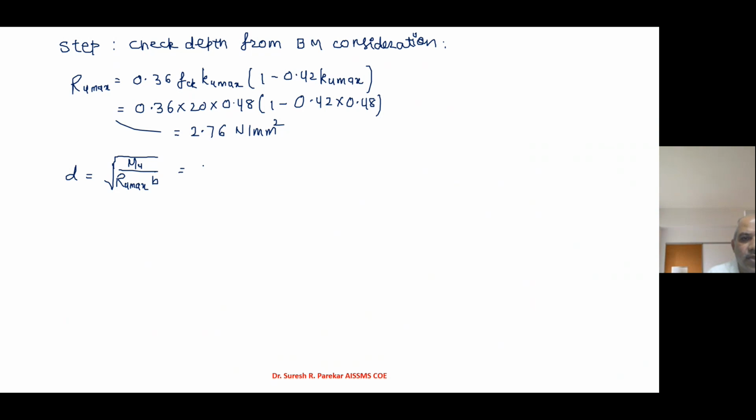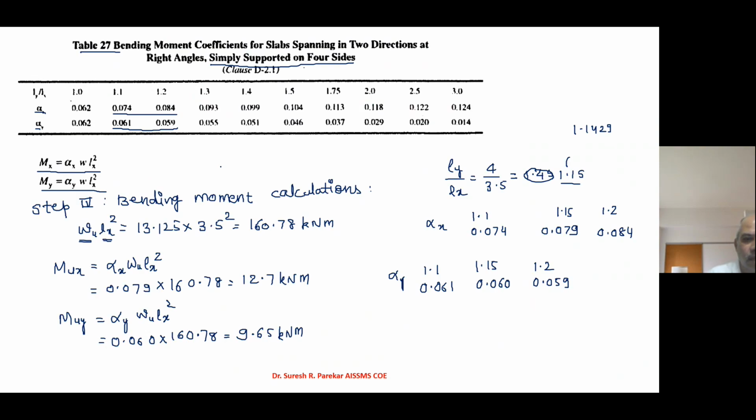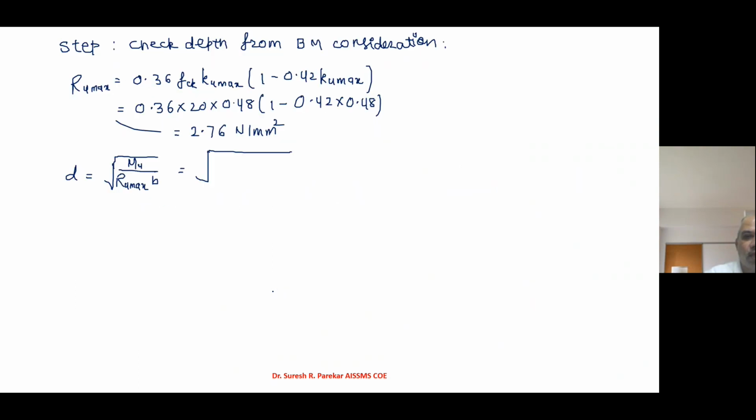If we substitute these values, Mu we have calculated. We have to consider the maximum moment. We have one value as 12.7, another 9.65, so we consider 12.7. So we have 12.7 into 10 raised to 6 divided by 2.76 into 1000.